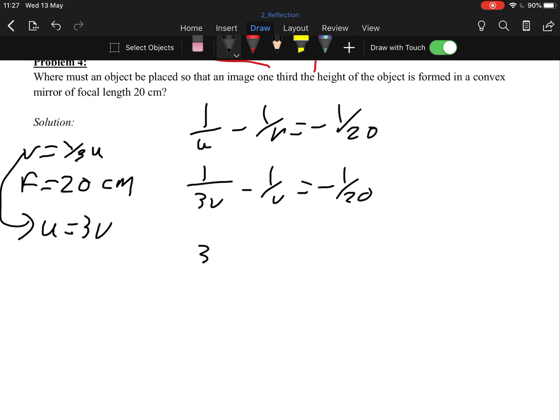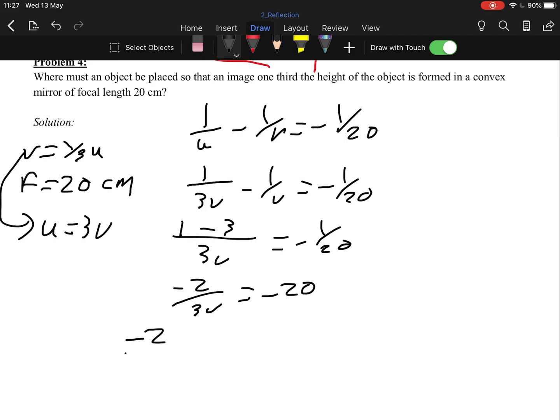So this will become 3v. So that'll become 1 minus 3 equals minus 1 over 20. So that becomes minus 2. 3v equals minus 20. So that becomes minus 2 over 20. We'll get rid of the minuses actually. Equals 3v.